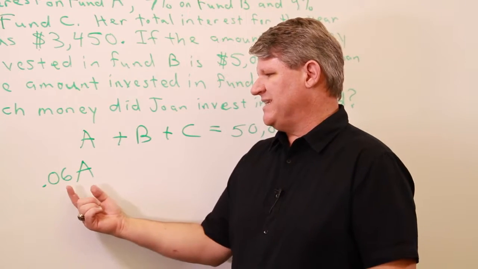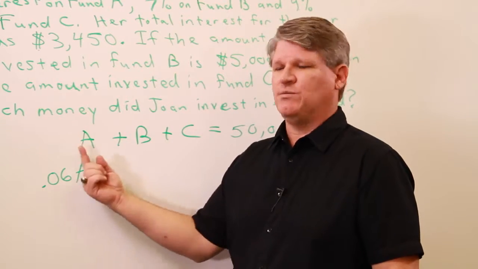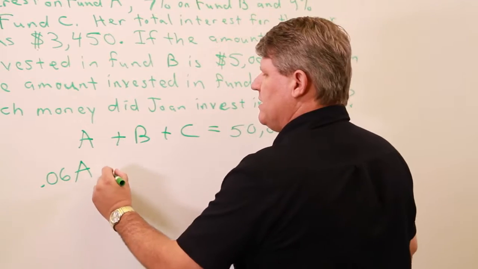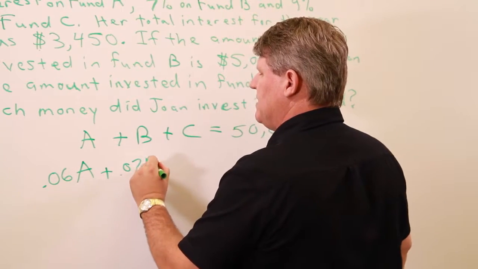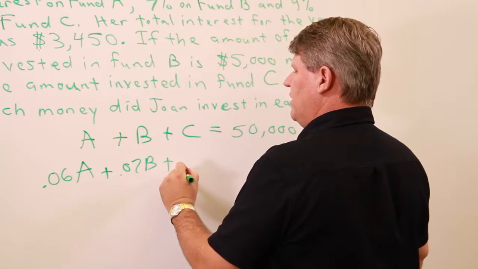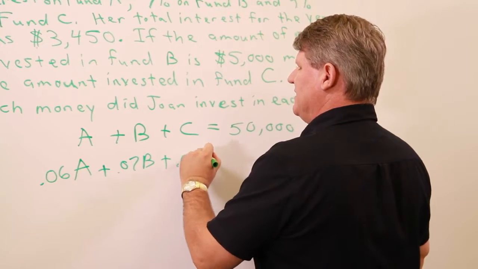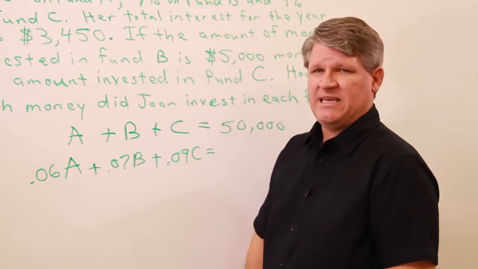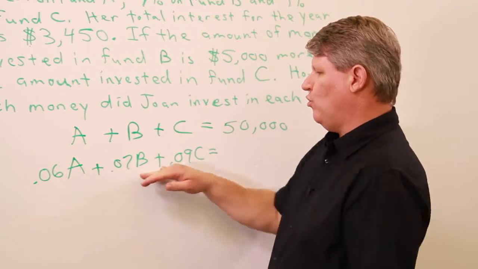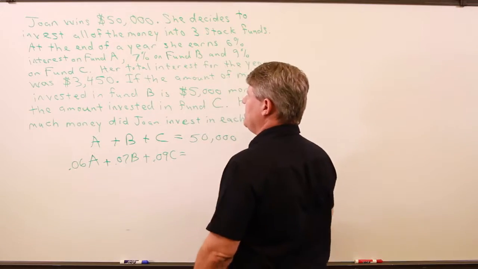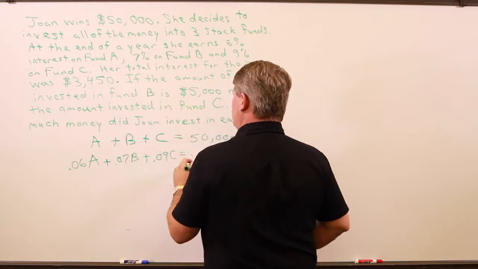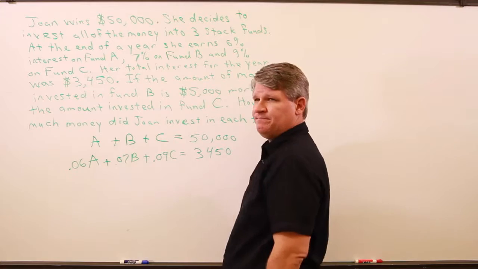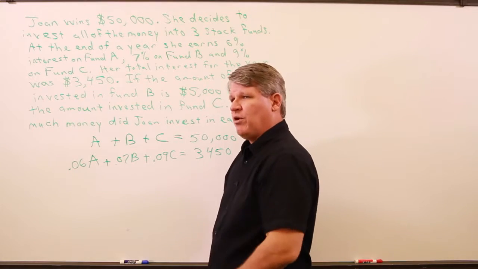So 0.06 times A will tell us how much money she earns from Fund A. Similarly, 0.07 times B plus 0.09 times C will tell us how much money she earns from B and C. And the total earnings for that 1 year has to add up to $3,450.